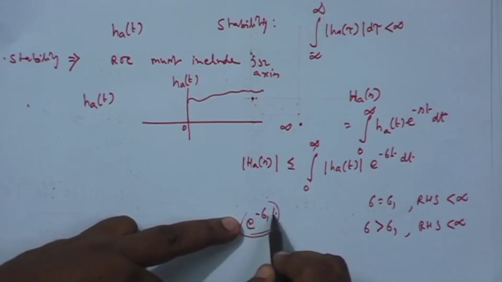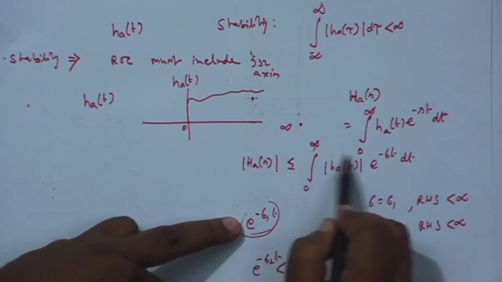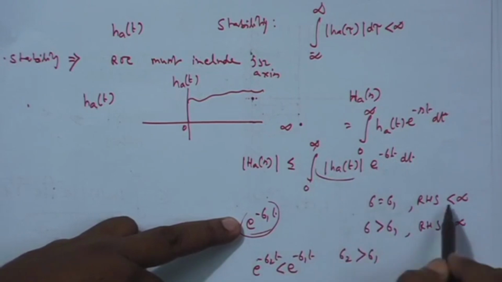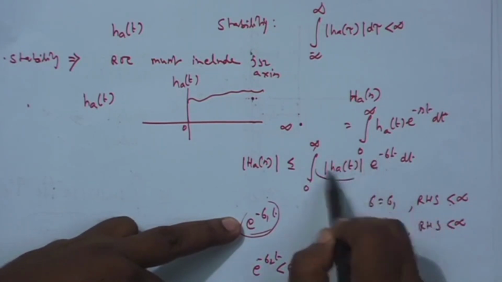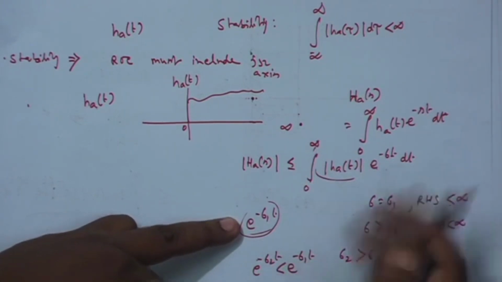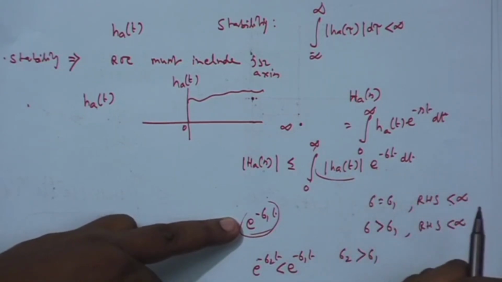If I now choose sigma 2, which is greater than sigma 1, I know e to the power minus sigma 2 t is less than e to the power minus sigma 1 t, because of the minus sign. So, earlier I was multiplying the function by e to the power minus sigma 1 t, but still this integral was finite, that is the assumption. Now, if I multiply by e to the power minus sigma 2 t, that means I am multiplying by a lesser quantity and then integrating. So, obviously, it will be less than the previous integral. The previous integral was finite, so this also will be finite.